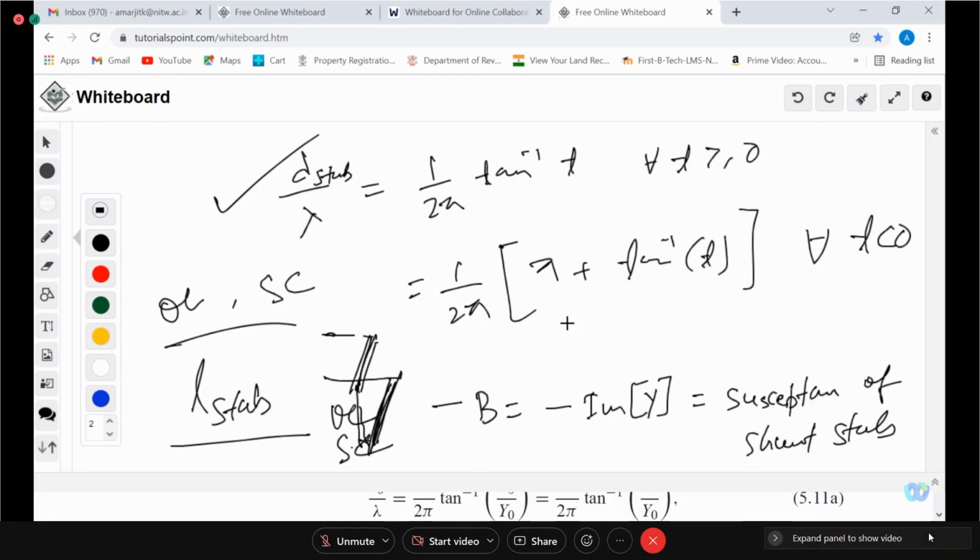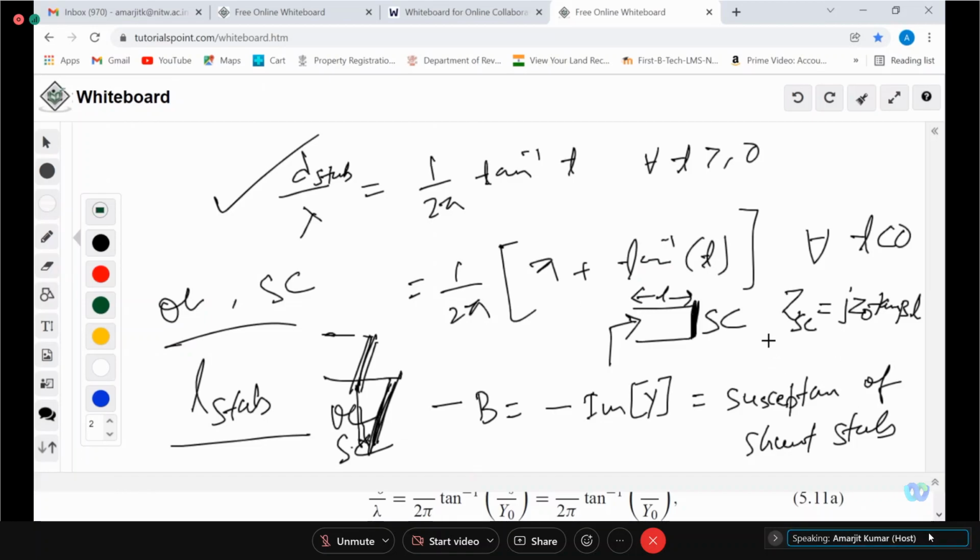So if a transmission line, because this is also a section of transmission line only, is short circuited at the end, what will be the impedance? What will be the impedance of a short circuited transmission line? j Z0 tan beta L, where L is the length. j Z0 tan beta L. And if it is open circuited, then what will happen?